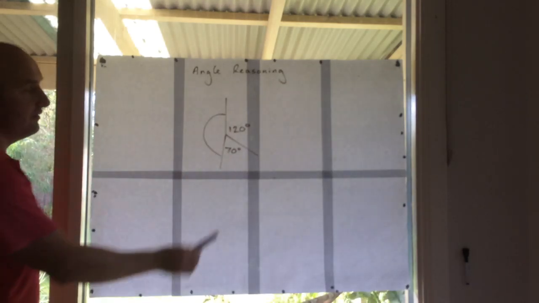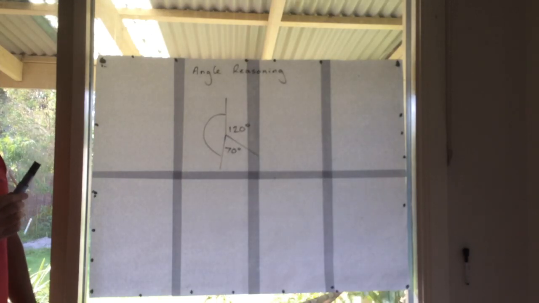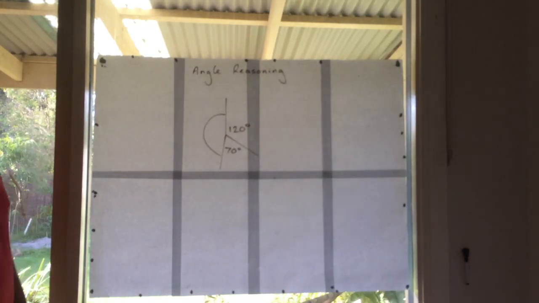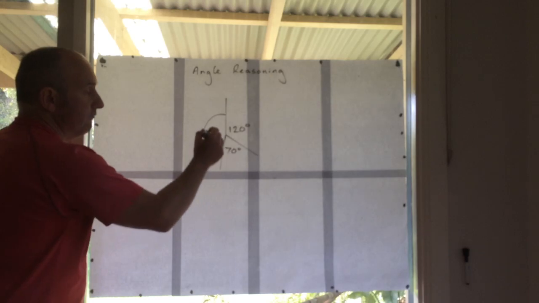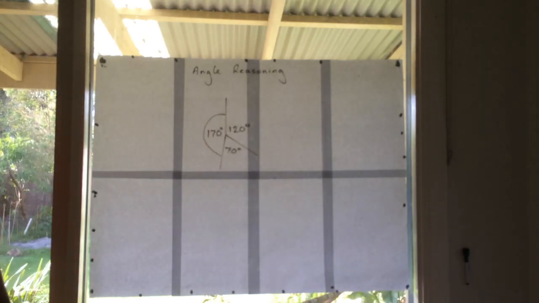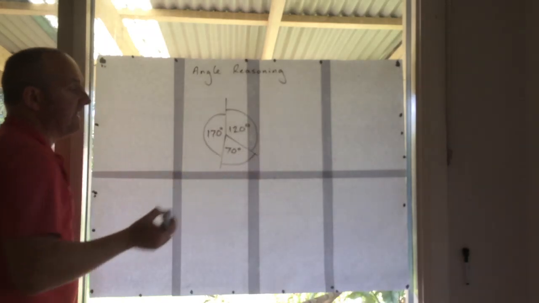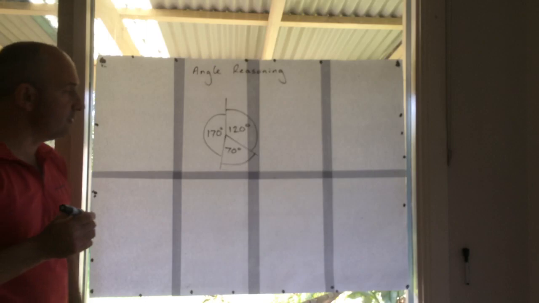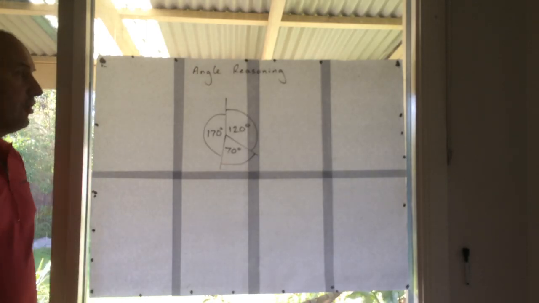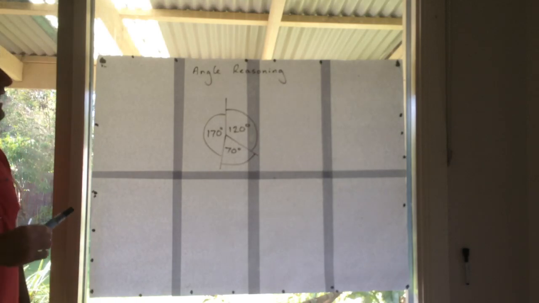Well, I know that these two angles add up to 190, so that means the remaining angle must be 170 degrees, because we've got all of the angles in a revolution.